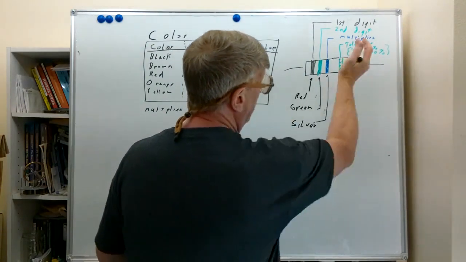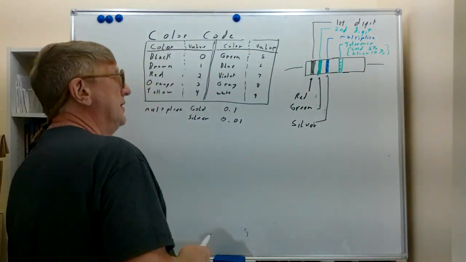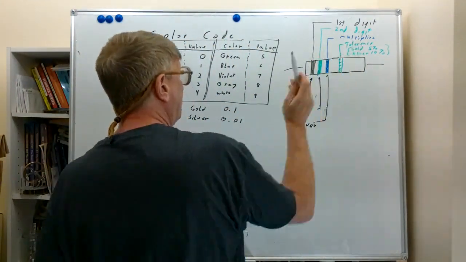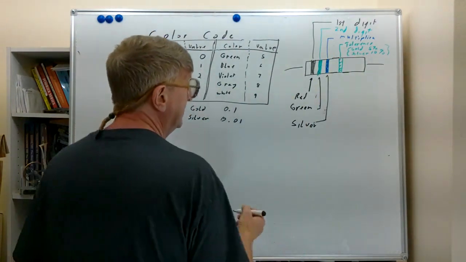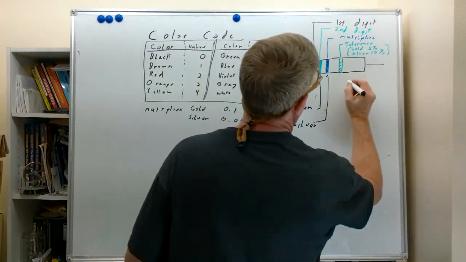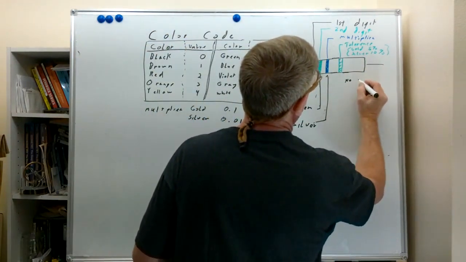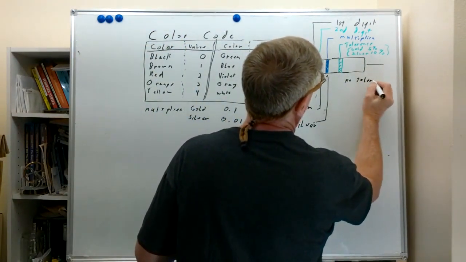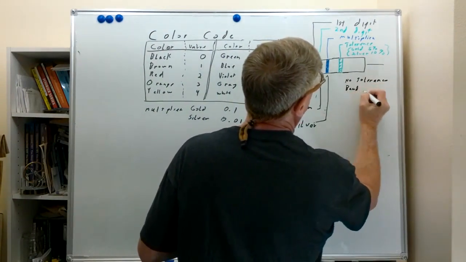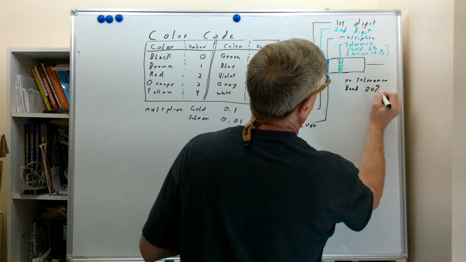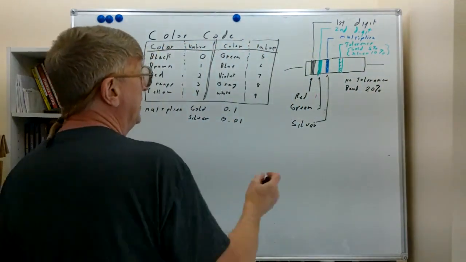And we're not going to concern ourselves with the tolerances. And we did say that tolerance 5% gold, silver 10%, no tolerance band 20%. So I'm going to write that over here, no tolerance, just so we don't forget. This band is a 20% resistor tolerance reading.